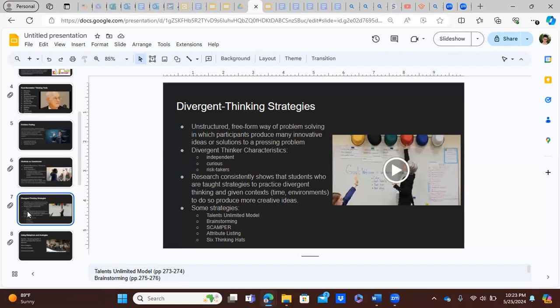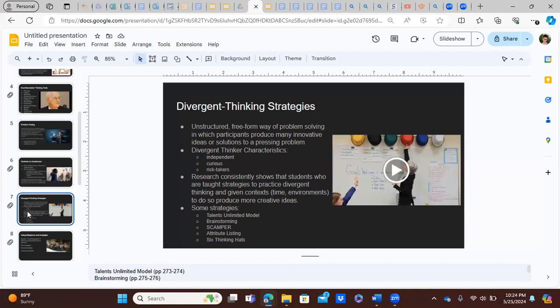So research shows that divergent thinking strategies and divergent thinking time, building that into our lesson planning, is important because it's not a waste of time. It's not just something fun. It actually leads to more creative ideas for our students.